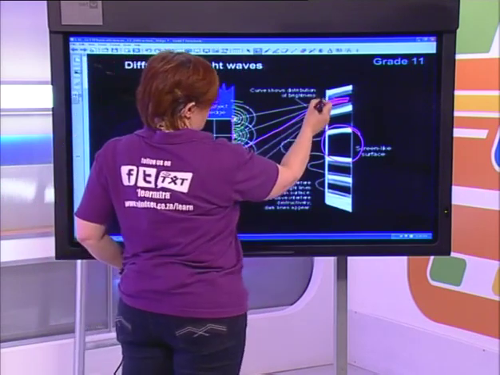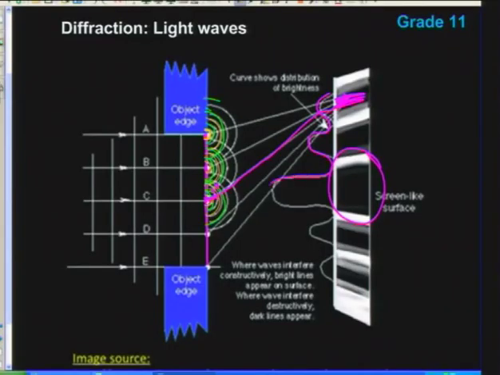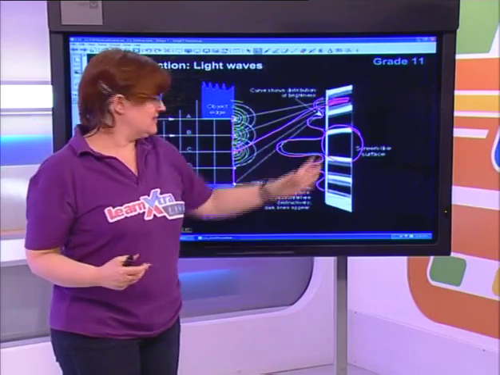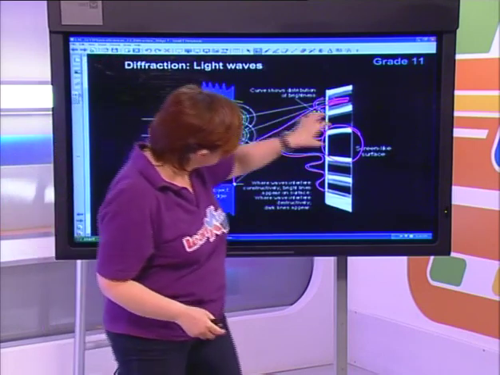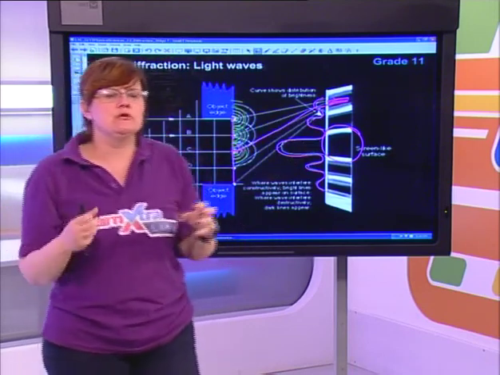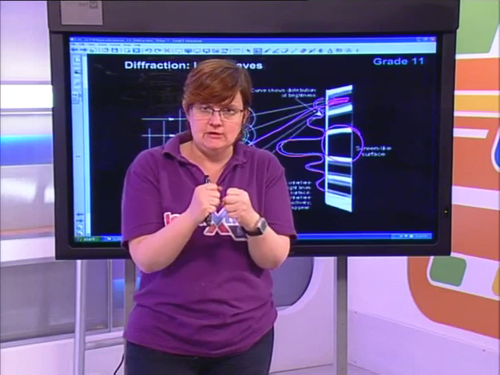This graph that's shown over here, that looks a little like a big squiggly line, or octopus gone wrong, is showing the intensity or the brightness of the light. The bigger the line is, the more intense the light is. So this middle band is extremely bright, highest intensity, okay?